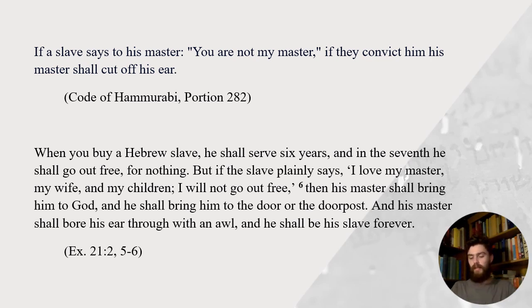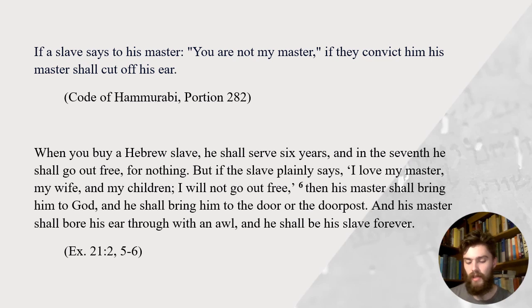The idea here is that in the ancient Near East, slavery was indeed a permanent thing for people, whereas in Israel, again, human life is valuable to God, and man is the image of God, and so you can't denigrate a human being below an animal, for example. You might have an ox serve you its entire life and die in your service, but you cannot treat a human like that.